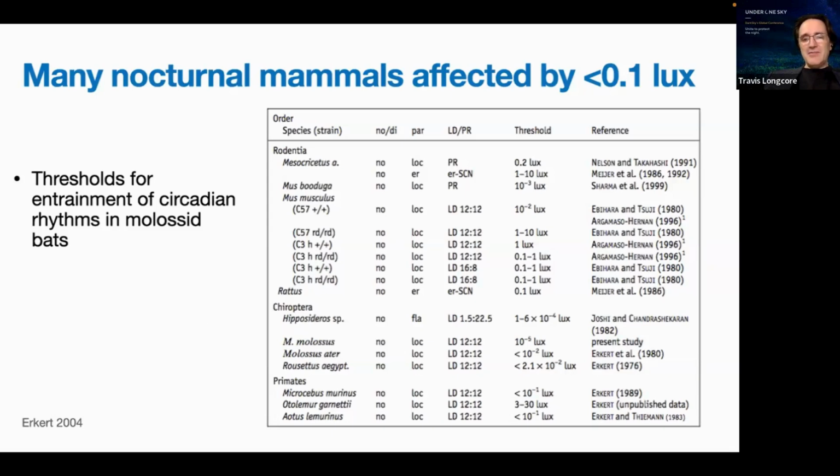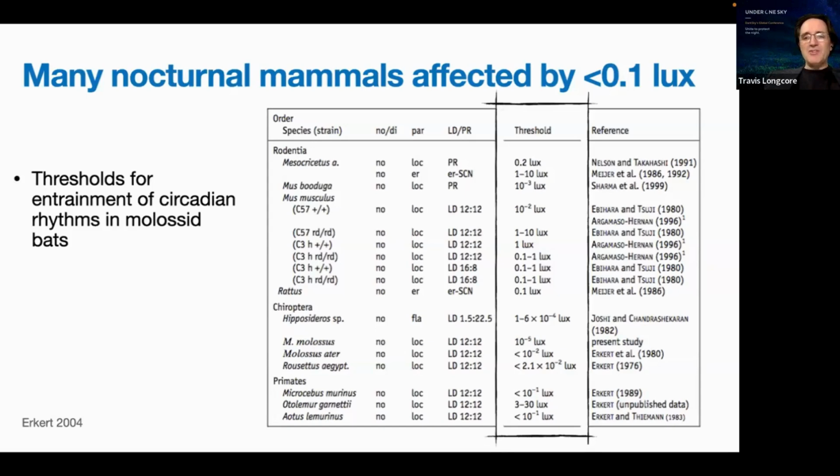And this is actually a summary from 20 years ago. But if you look at this column right here, the threshold, 0.2 of a lux, that's moonlight, 10 to the -2 lux, 10 to the -4 lux. We're getting down into levels of light that are like starlight or a quarter moon or whatnot, that are sufficient to disrupt the circadian rhythms of these bat species, as an example.